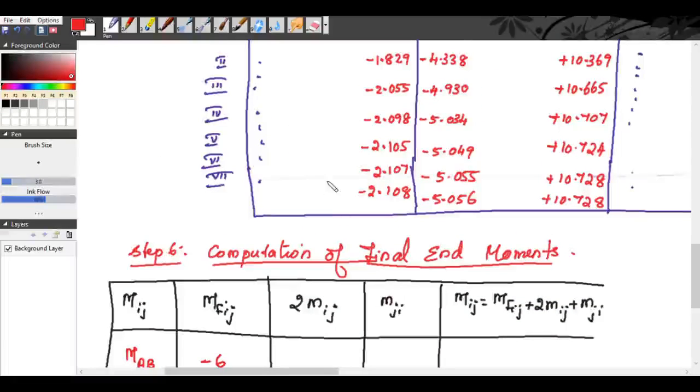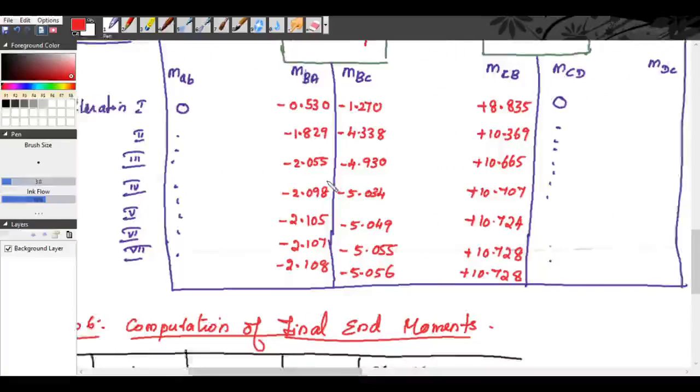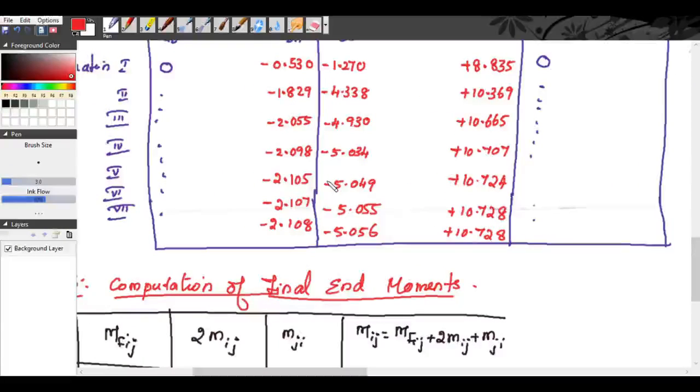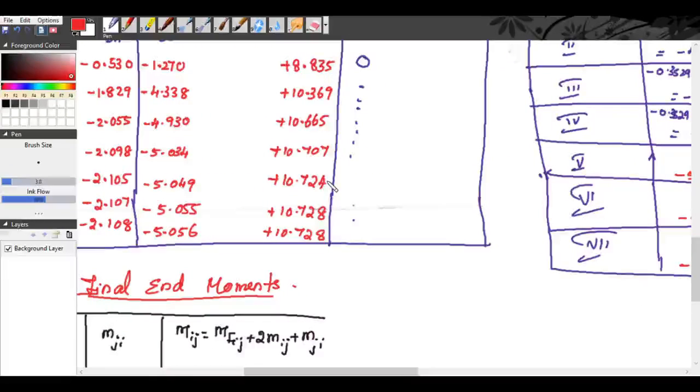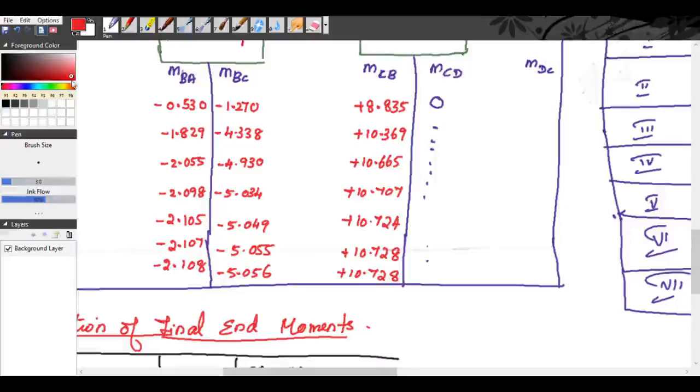From this we have obtained the small m values: this is our MBA, this is our MBC and this is our MCB.